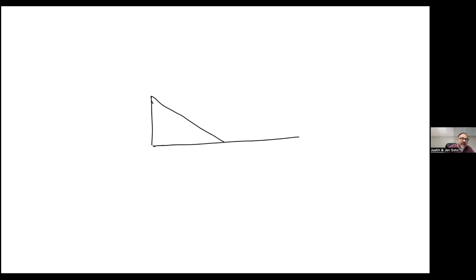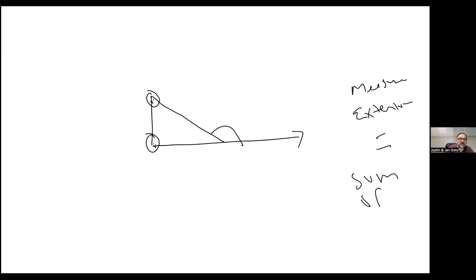The measurement of the exterior angle of this triangle is going to be equal to the sum of the two alternate interior angles. Not this one, but these two. That's where the word alternate comes from. So the measurement of an exterior angle of a triangle is equal to the sum of the alternate interior angles, the other two interior angles.